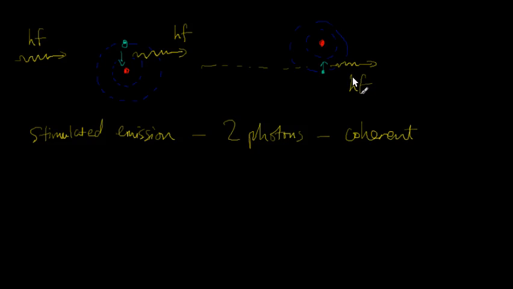And it sort of multiplies, right? You get more and more stimulated photons. So it doubles and doubles and doubles, and then we get lots and lots of photons all going in the same direction. And that's what happens in a laser. It is all this stimulated emission that produces photons that are all in phase and therefore coherent.